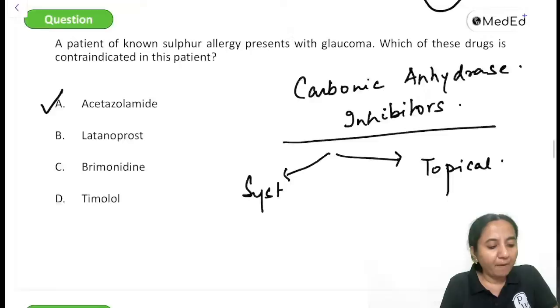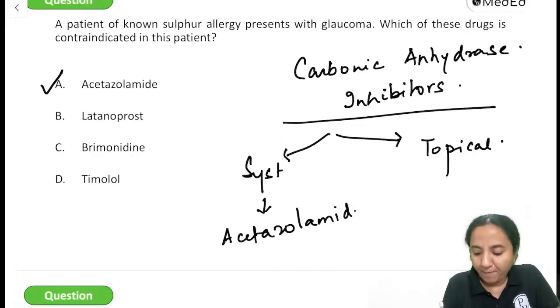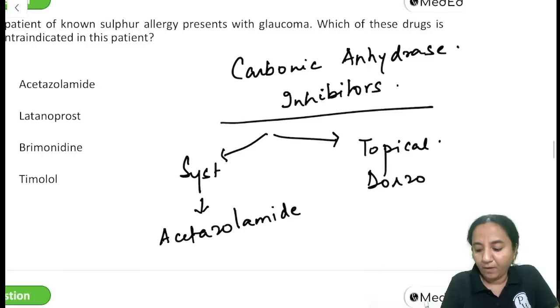The systemic member is acetazolamide. The topical members are dorzolamide and brinzolamide.